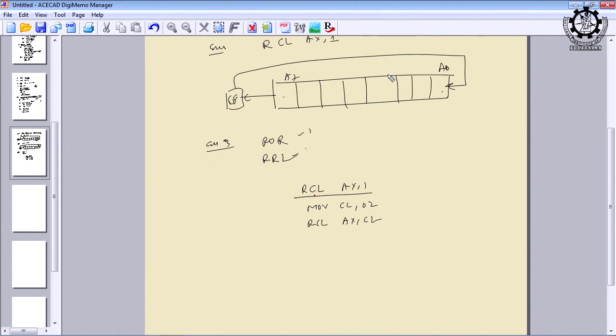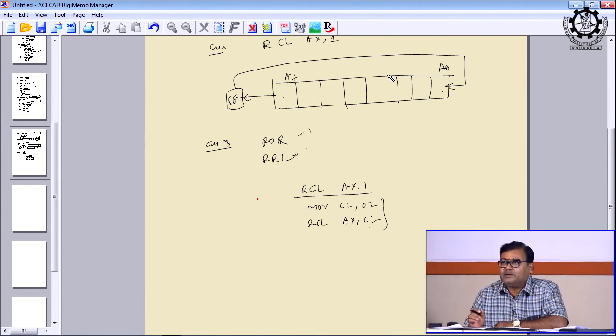With carry, because C is there. Similarly, by this instruction, initially we are moving 02 to CL. That means we can also write 02 here directly, but sometimes you have to use the data inside a register, and that register you can specify in the instruction, and that will indicate the number of times you are rotating. That is also another way of writing the program.